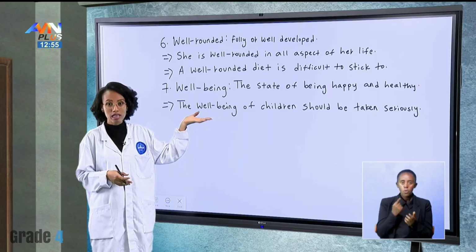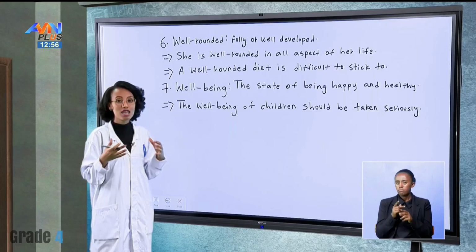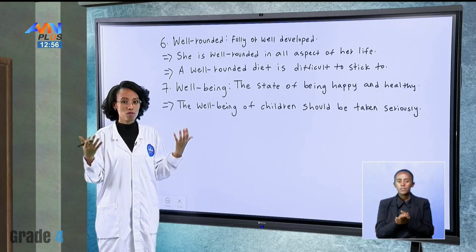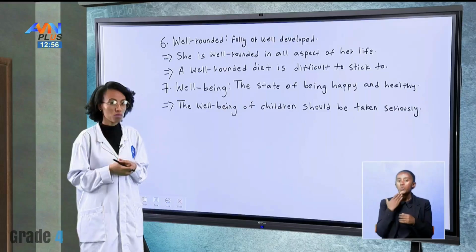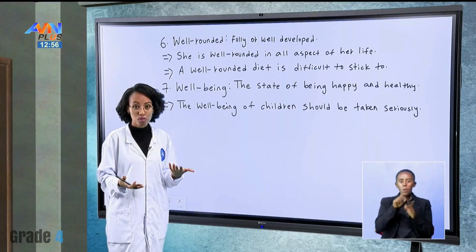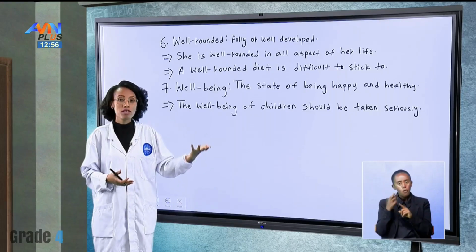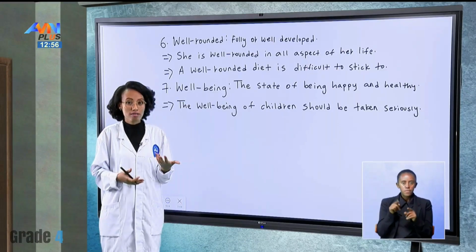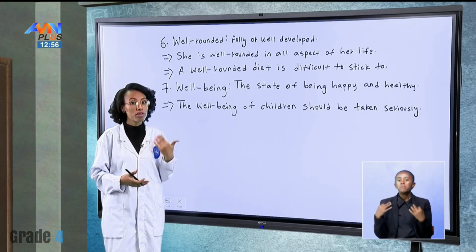A priority, and it should be taken very seriously because that is what makes good individuals. Having well-being makes what? Good individuals. People who are happy, they are productive. People who are happy bring positivity into their surroundings. And people who are also healthy are also productive.